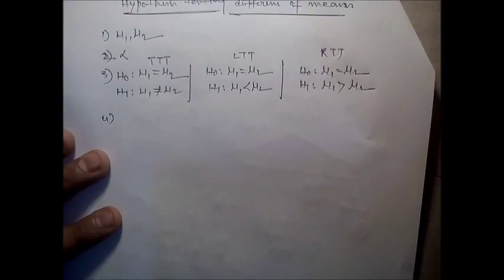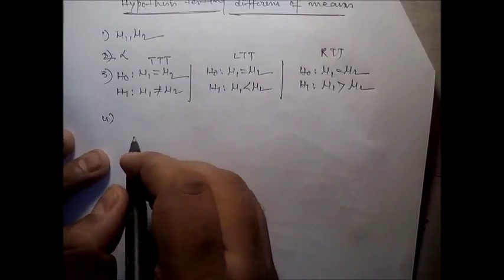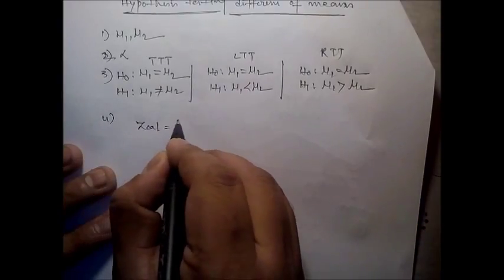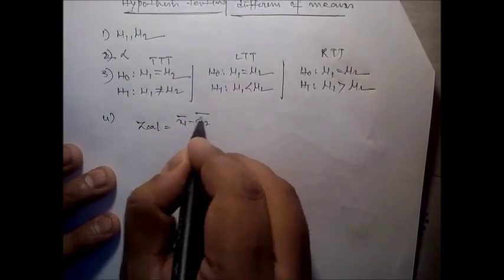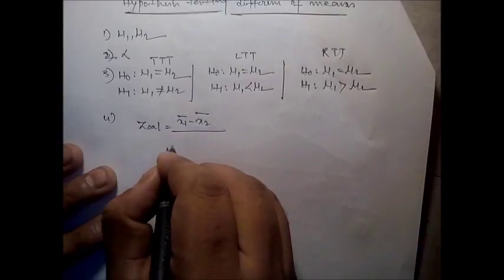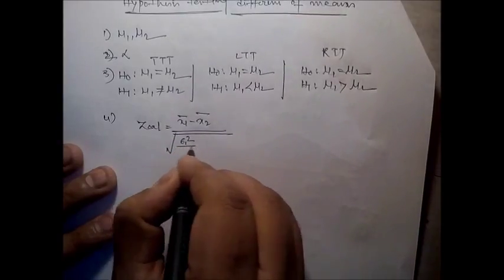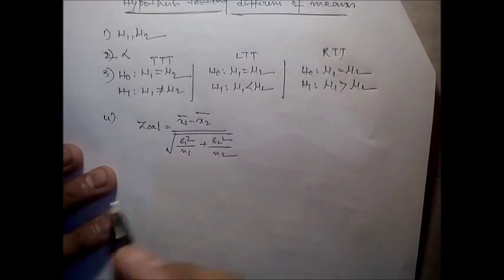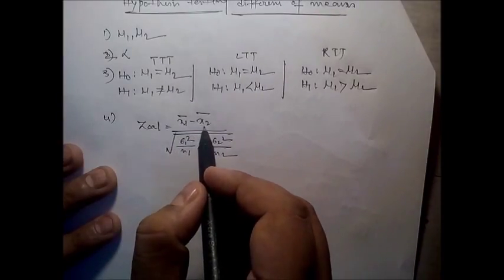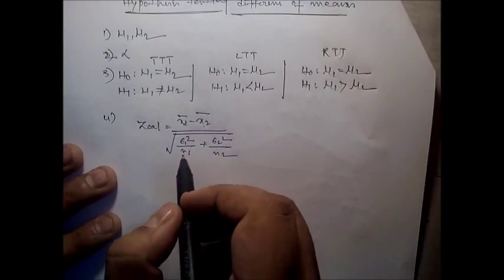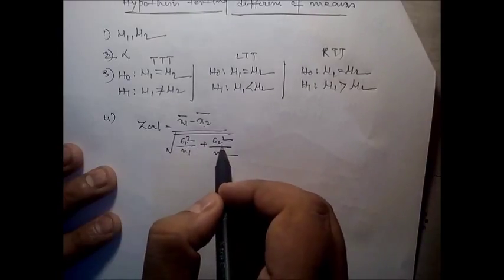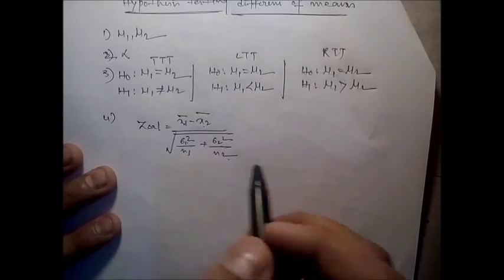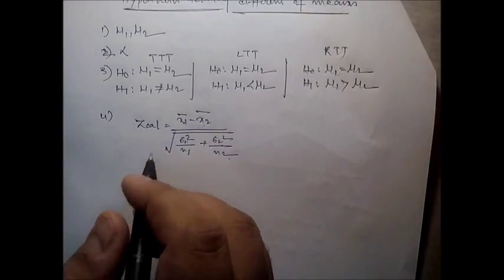Under the null hypothesis, the test statistic is Z calculated equals x1 bar minus x2 bar divided by the standard error, where x1 bar and x2 bar are the sample means, sigma 1 square and sigma 2 square are the population variances, and n1 and n2 are the sample sizes of the two populations.